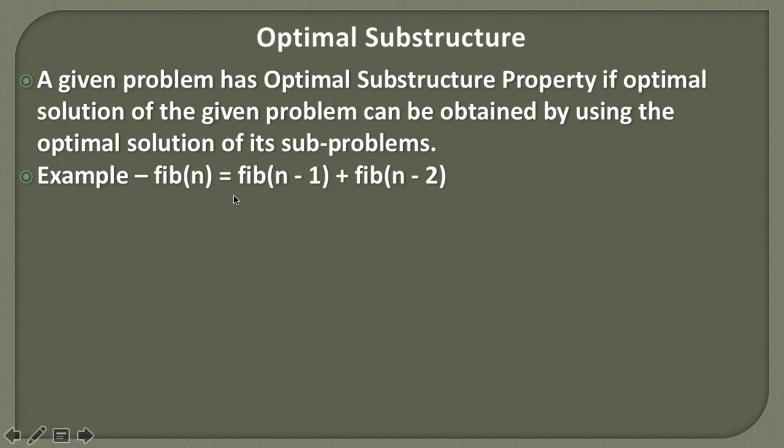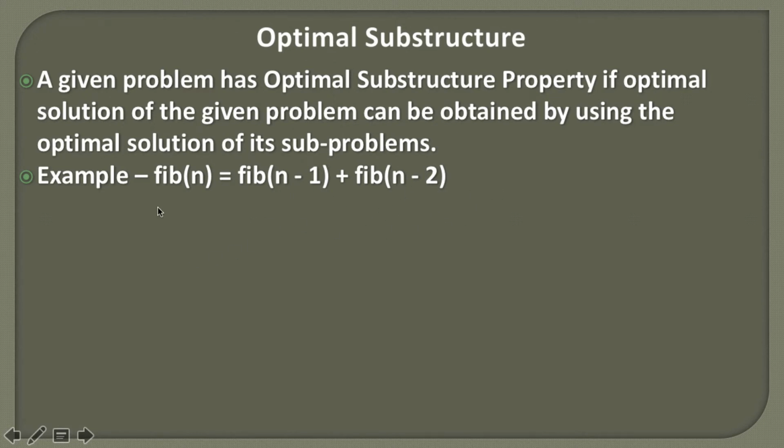In our previous lecture, we saw how we can calculate the nth Fibonacci number, and how we can solve it using the formula: if you want to calculate the nth Fibonacci number, you need to find the sum of its preceding Fibonacci numbers, which is fib of n-1 and fib of n-2.